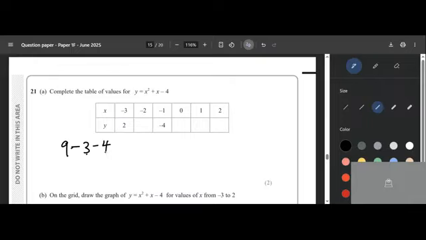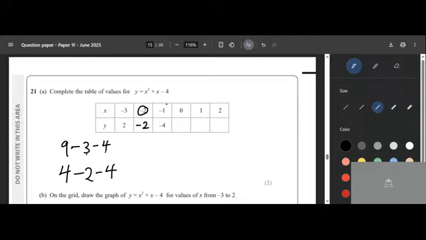That's how it goes. Then also this, I'm going to replace it here so that I have 2 squared, which is 4. Then minus 2, because a positive and a negative give me a negative. Minus 4. So 4 minus 2 minus 4 should be negative 2.